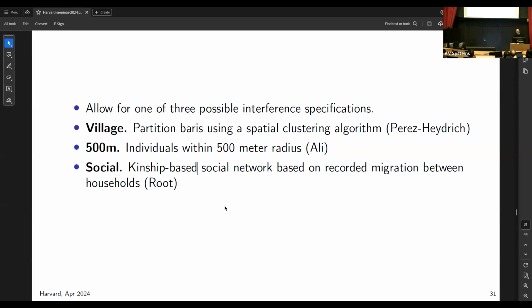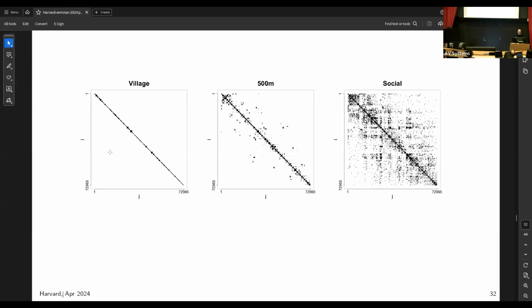But now we're also going to allow for more interference structures that do not require clusters. So one of them is this 500-meter interference structure where basically for each person, you draw a circle around them with a radius of 500 meters and allow for individuals within that circle to interfere with them. And then the other is based on social network information that's available.